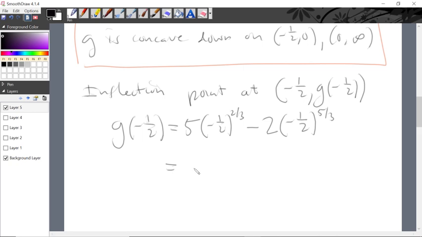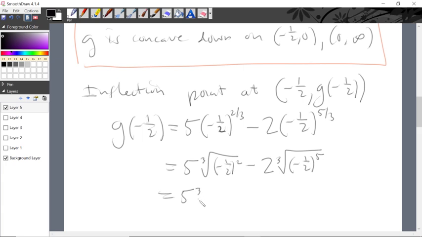Let's find out approximately what that is. I think at this point I'm going to go to the calculator. This is what we're going to do: 5 times the cube root of negative 1/2 squared, minus 2 times the cube root of negative 1/2 to the 5th.